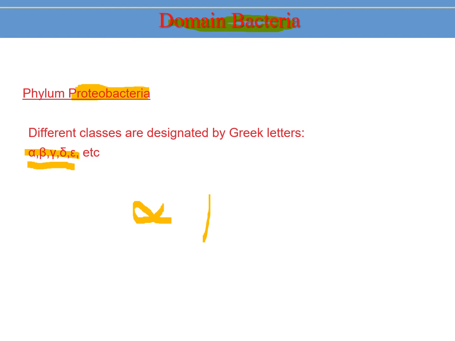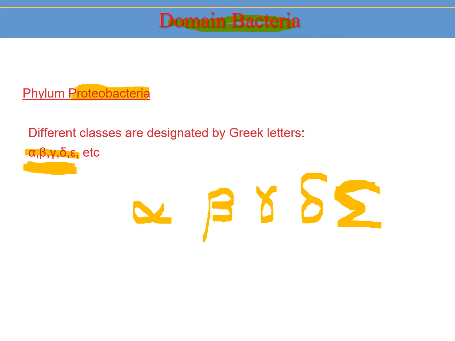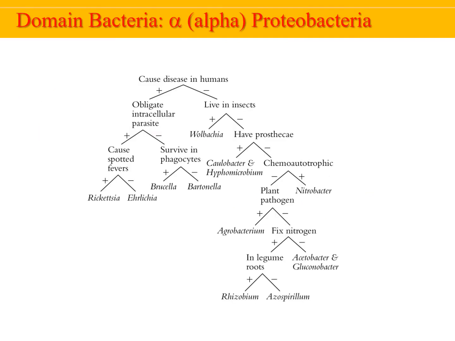Alpha, beta, gamma, delta, and epsilon. But other than knowing that there are designations by Greek letters for these different classes in this phylum, I wouldn't worry about that. I wouldn't worry which one is an alpha, which one is a beta, a delta, gamma, whatever. Just the fact that they are classified that way. Here you see alpha, but again, don't worry about it.